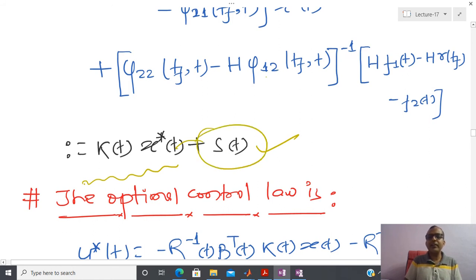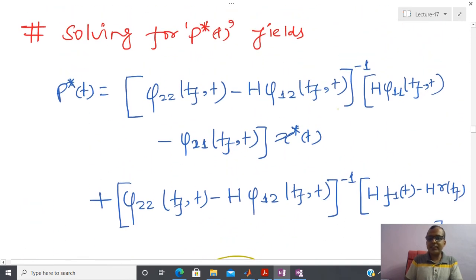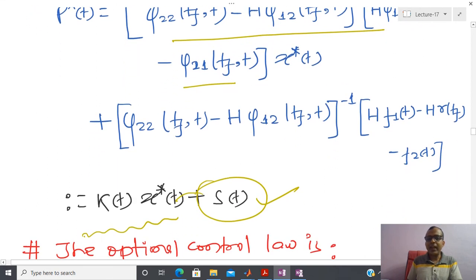From here, by proper grouping, you are able to understand what is K(t) and what is X(t). I haven't written that properly, but you can see the expression: the quantity multiplied with x star(t), and the remaining quantity is K(t), and the other quantity, from here to here, is X(t).